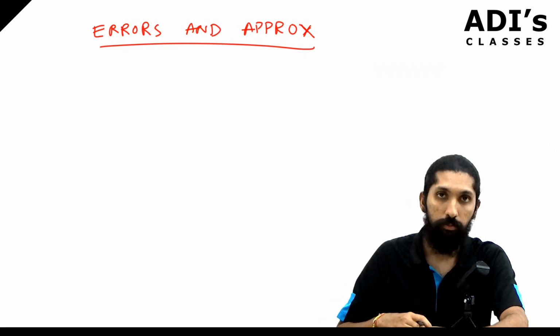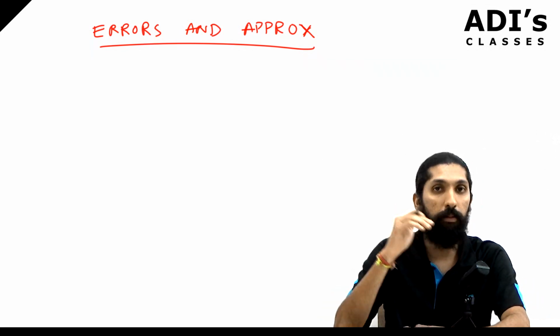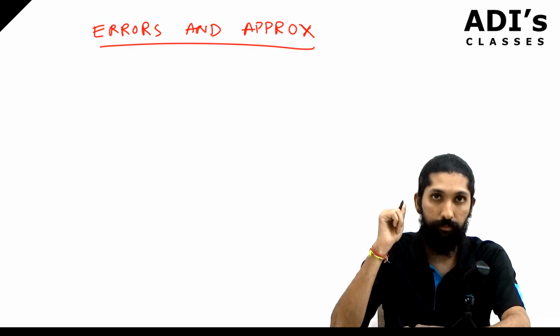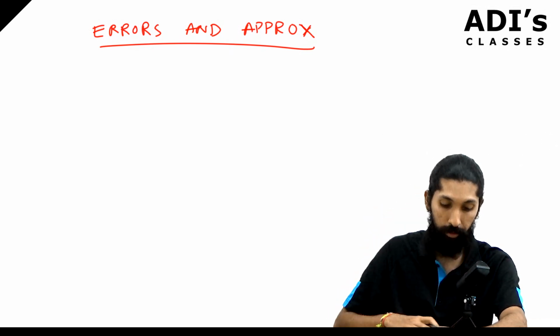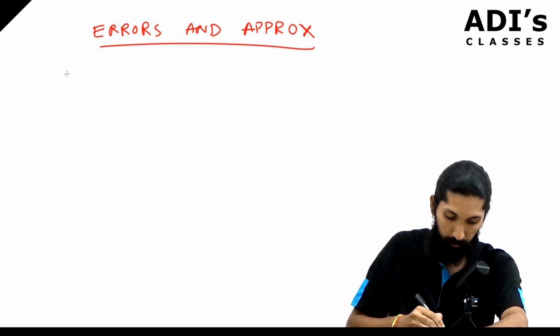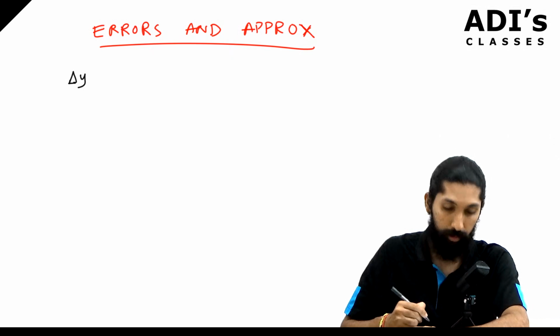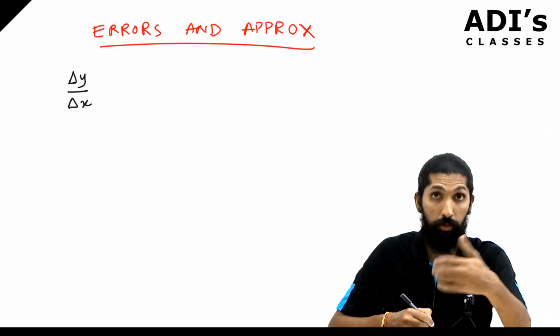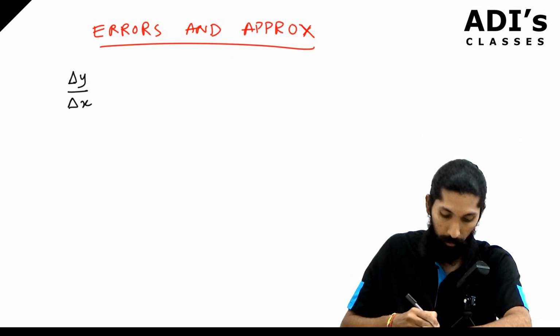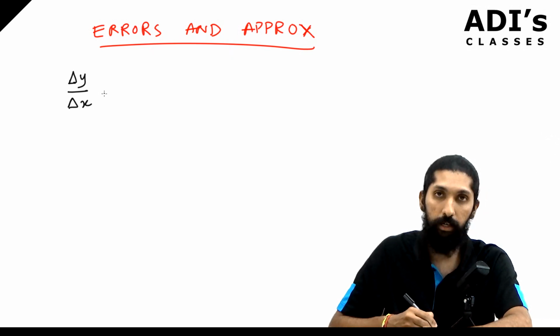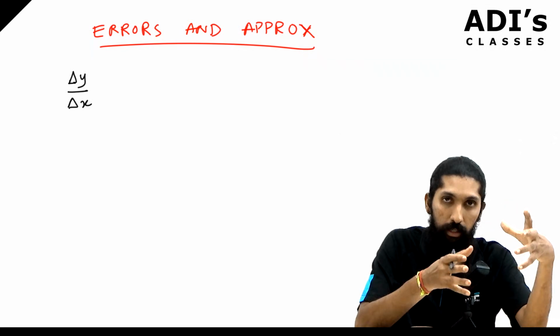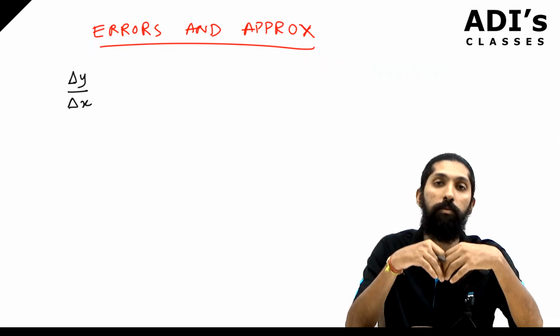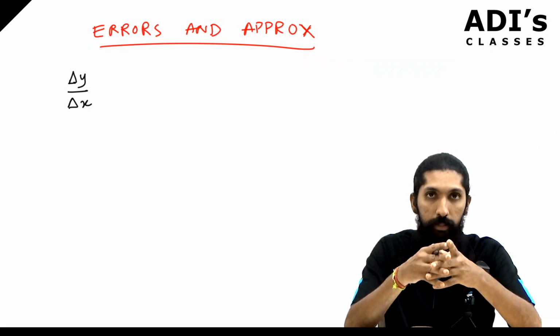What we know is dy by dx. When you write dy by dx, say you have delta y. Now, delta y by delta x, when you have to calculate this, delta y is going to be some error or some approximated value, whatever it is.